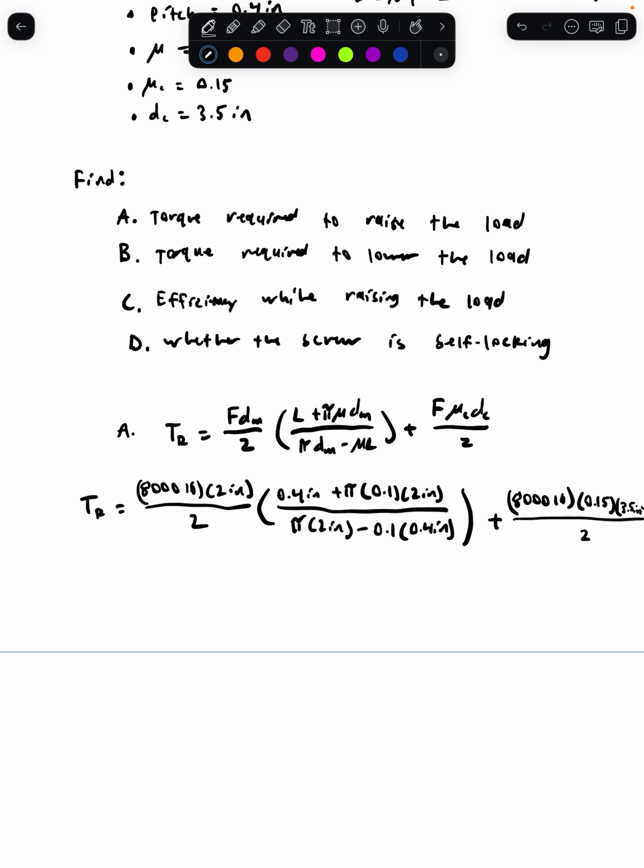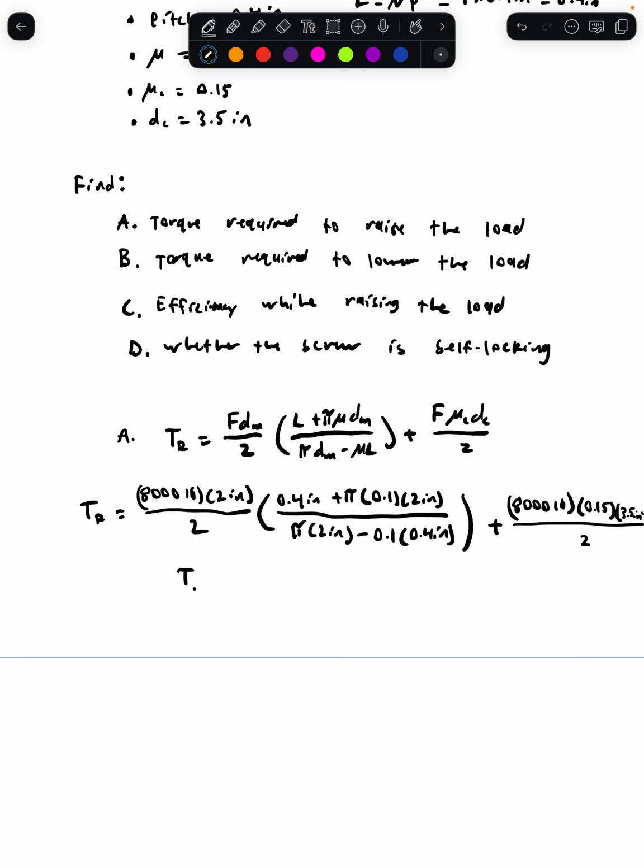Okay, so my inches on this portion right here are all going to cancel out. So I'm going to be left with pound inches and pound inches, which are units of torque. So I think my unit should be good. Let's go ahead and plug this in.